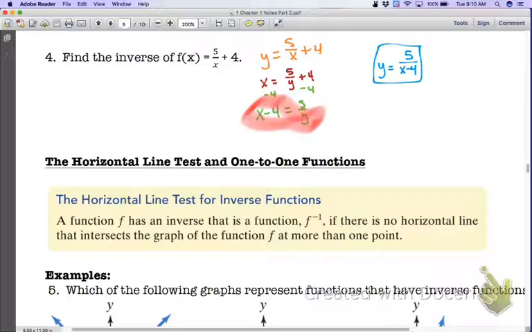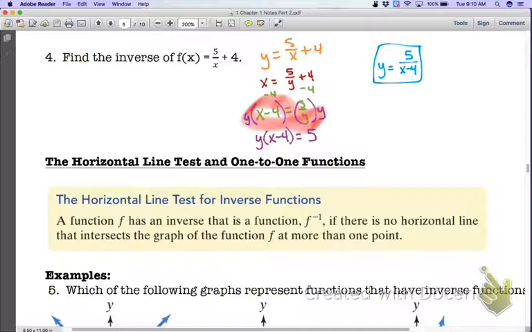How do I get the y off the bottom over here? I'm going to have to multiply it, right? So what I would have had to do here was multiply by y. So I have y times x minus 4 equal to 5.